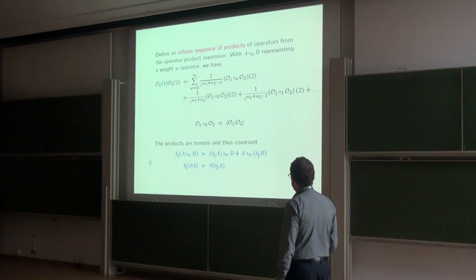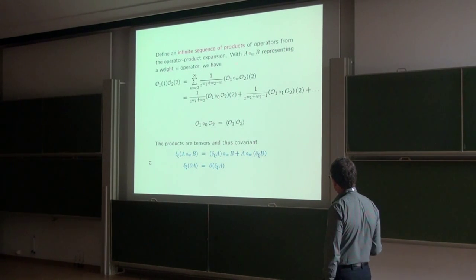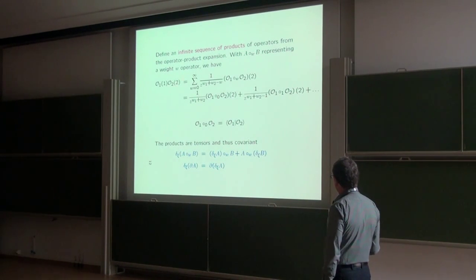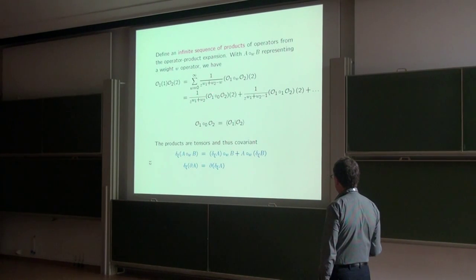Now, using the OPE, you can define an infinite sequence of products of operators with the operator product expansion. So if you have a tensor and another tensor operator, you call this a product of weight W. Independent of the weights of A and B, this will be a product of weight W. And the OPE of two operators will take this form and will induce operators of different weights.